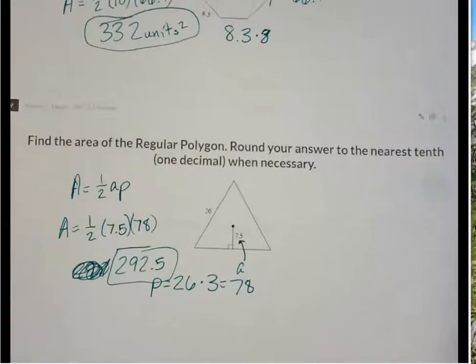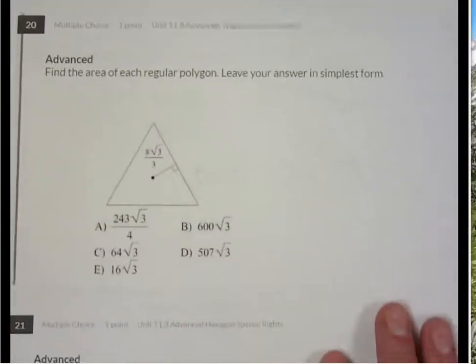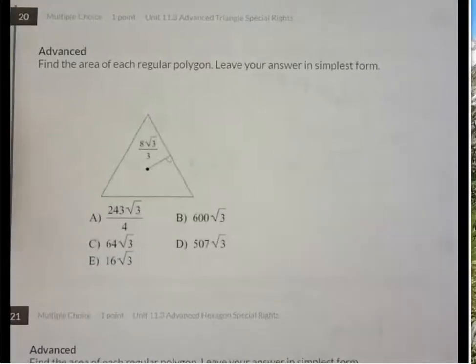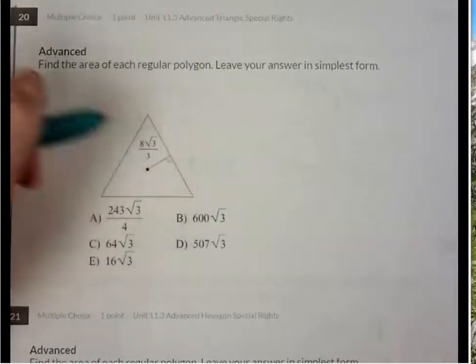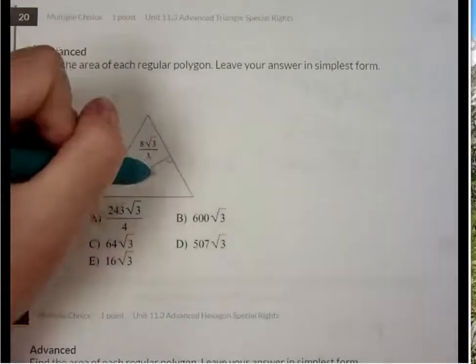Awesome. All right, so we're moving on. That was number 19. We're going to move on to number 20. Okay, this one, we are given the apothem. We know it's the apothem because that's the line that's given. The side would be written on the outside.